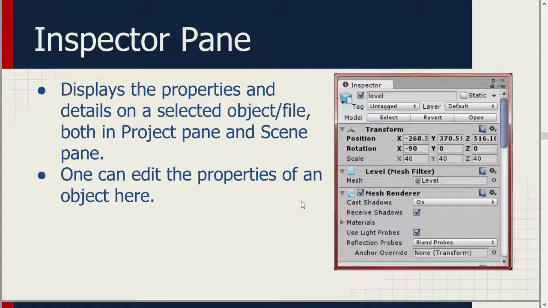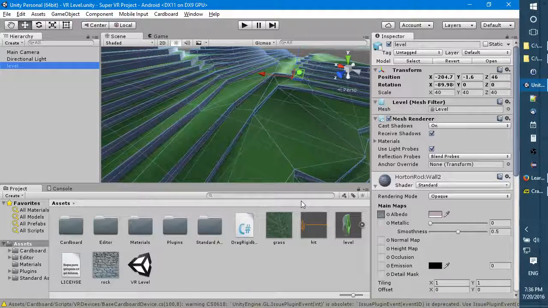The inspector pane. So let's actually talk about this inspector pane here. Each game object actually has more information on them. The inspector pane sort of acts like a properties dialog, if you recognize that from Windows, or like the get info on the Mac.